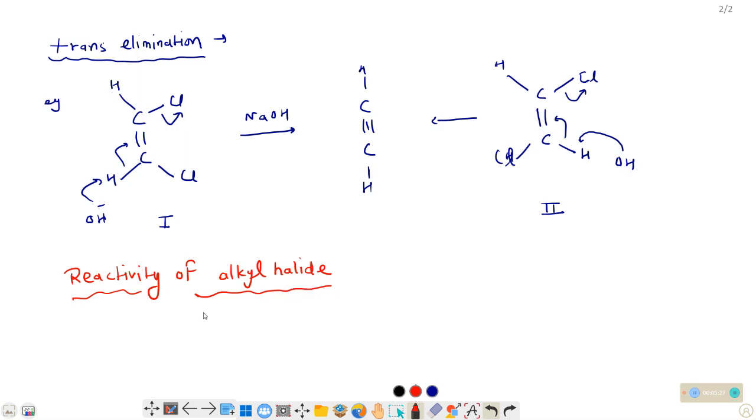The more steric hindrance there is, the more easily elimination will occur: 3 degree, 2 degree, and 1 degree. If more crowding is there, then elimination occurs easily in the E2 reaction.